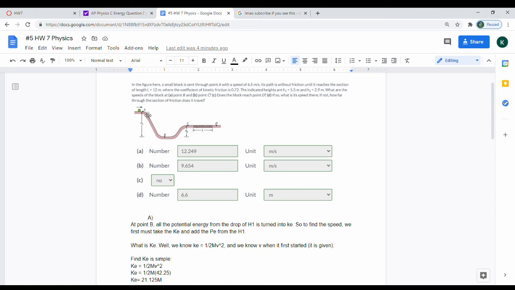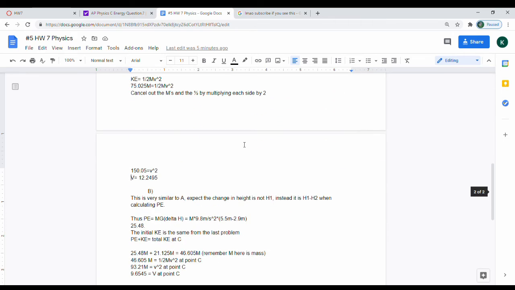But then the change of h is h1 minus h2, or in my case 5.5 minus 2.9. So for our potential energy, which is mg delta h, in my case it would be mg times 2.6, because that's 5.5 meters minus 2.9.